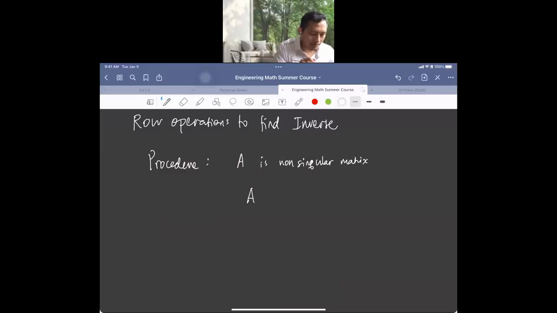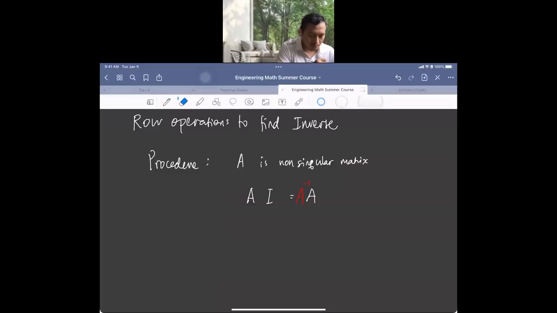Now, if we have A, and we multiply with the identity, we have A, right? Now, if we multiply with the inverse here, and we have multiplied the inverse here, this should be equal to identity, right?